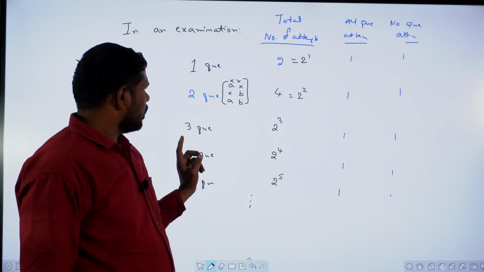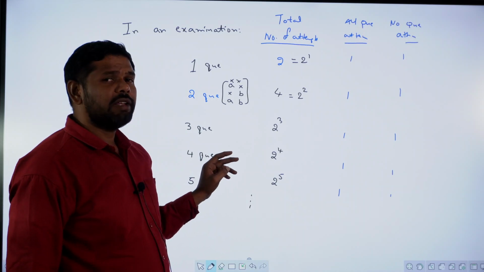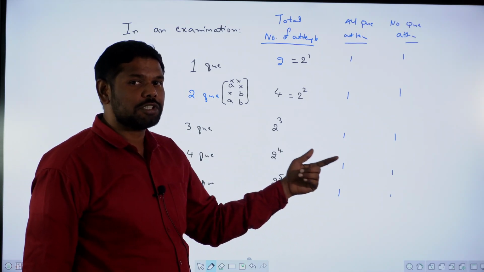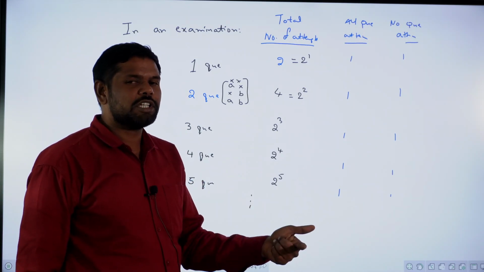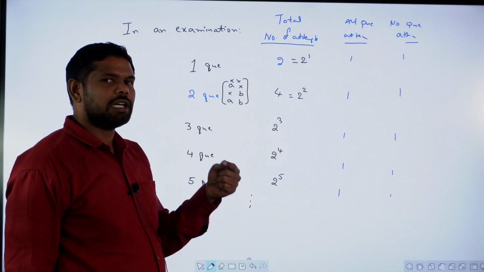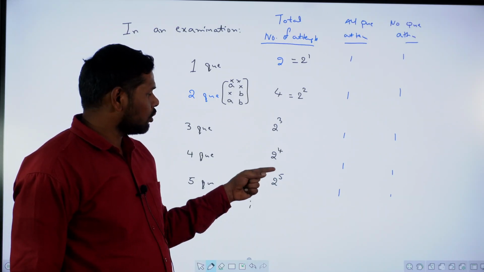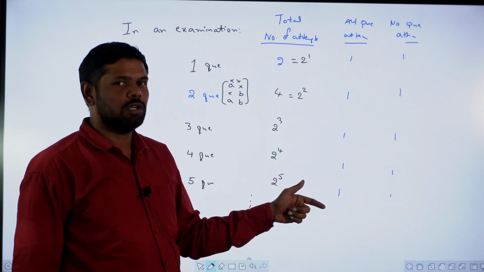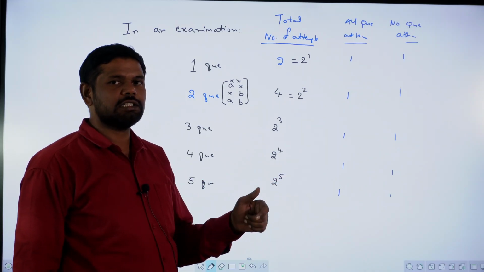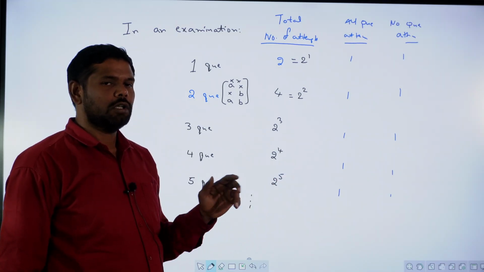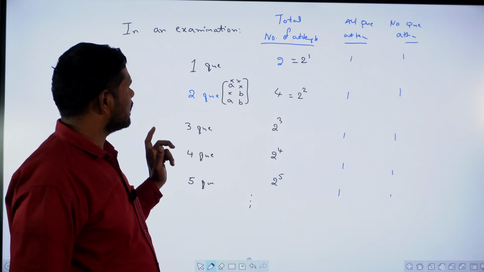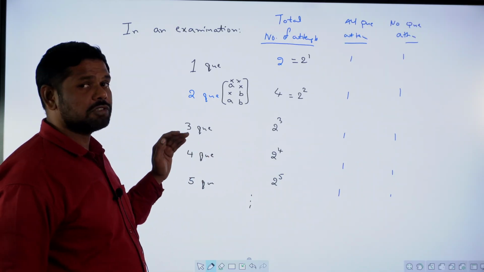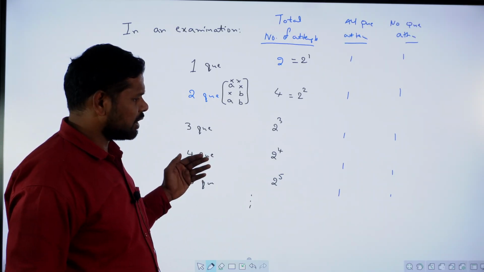So out of 4 questions, in how many ways can a student attempt the questions? Attempting the questions means definitely you need to attempt at least one question. So 2 power 4 minus 1, 16 minus 1, 15 ways. We subtract that one way, that is not attempting any question. So like that we are going to analyze and solve examination based type of questions, in a question paper or examination paper.